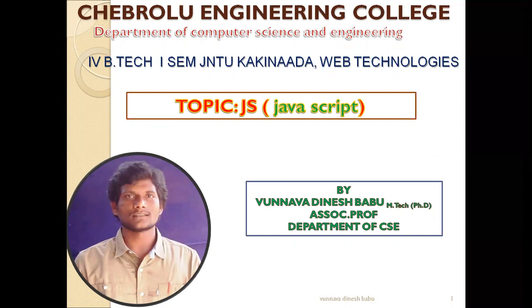So in today's class, we are going to discuss some predefined objects in JavaScript. As we started the concept of predefined objects in JavaScript in the previous session, we ended up with the document object. We have seen different predefined objects like document, window, date, etc. Among all these, in the previous session, we covered the document object, right?